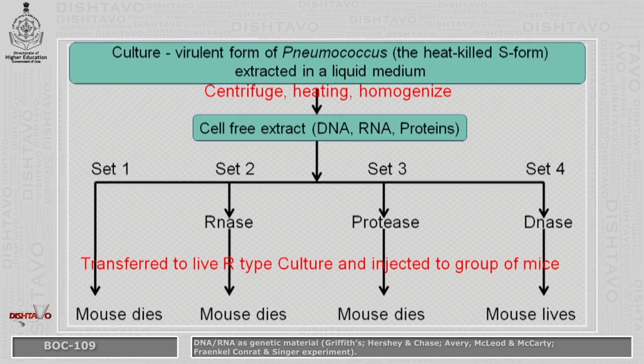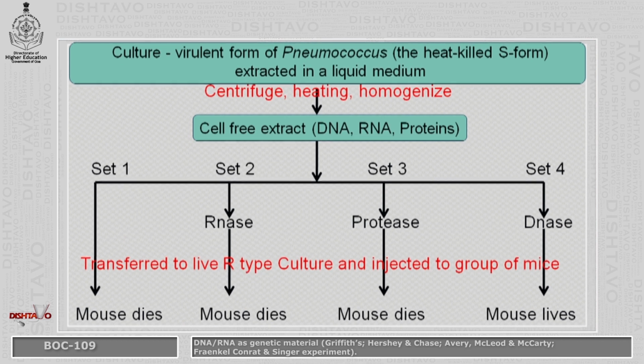Now, they divided this into 4 sets. Set 1 was the same set that was used by Frederick Griffith. They transferred it into R-type culture and injected it into the mouse. The mouse died. In set 2, they treated it with RNase to remove the RNA, transferred it into R-type culture, and injected it into a group of mice.